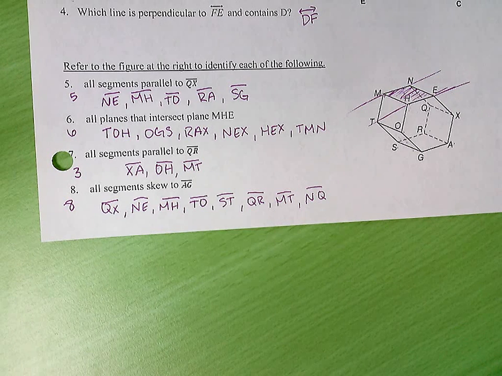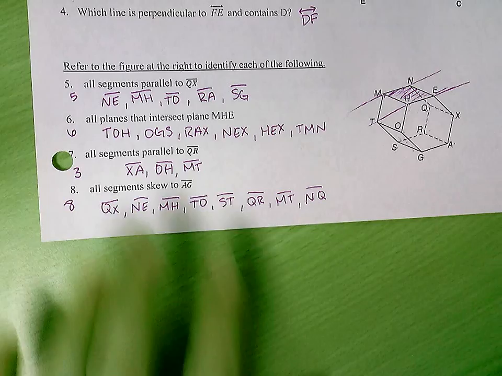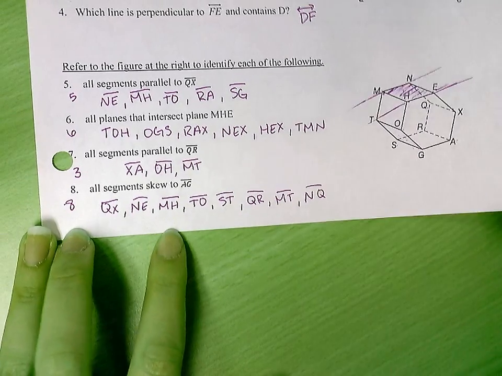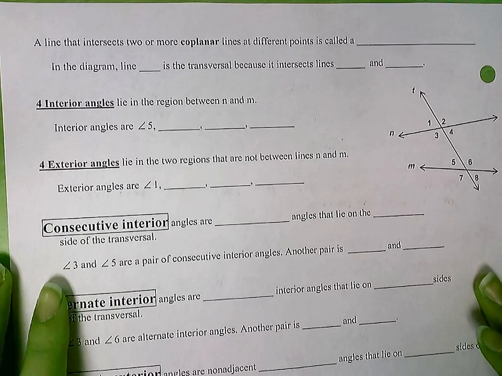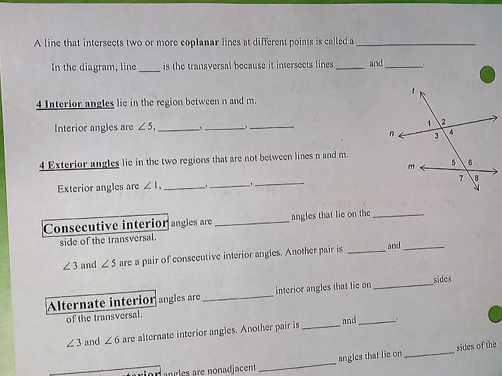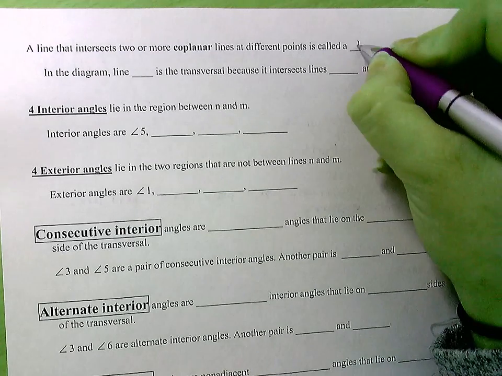We're going to talk about angles created with 3 lines. All right, so at the top, a line that intersects 2 or more coplanar lines at different points is called a transversal.